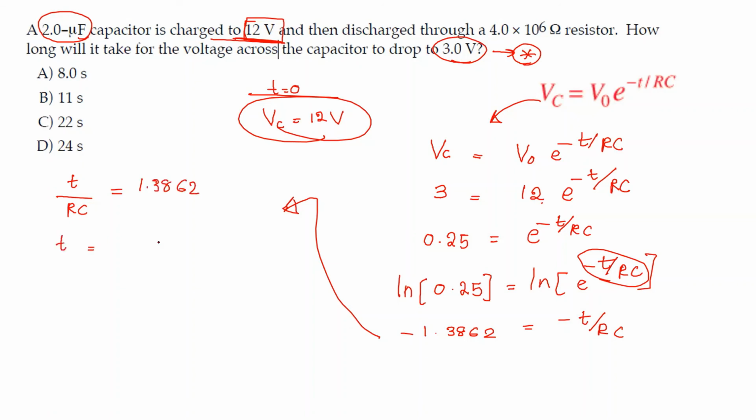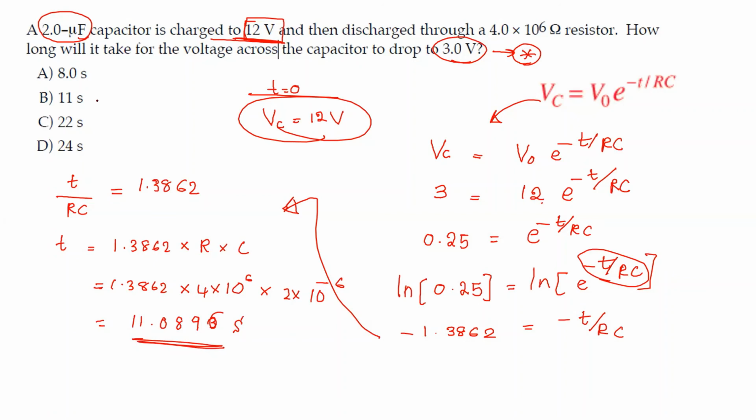So your t is equal to 1.3862 times R times C. Now let's substitute. Your R is 4 times 10 to the power 6, given in the problem, and C is 2 microfarads. We have to convert microfarads to farads. When you solve this, you get 11.09, sorry, 11.09 seconds. So your answer is B.